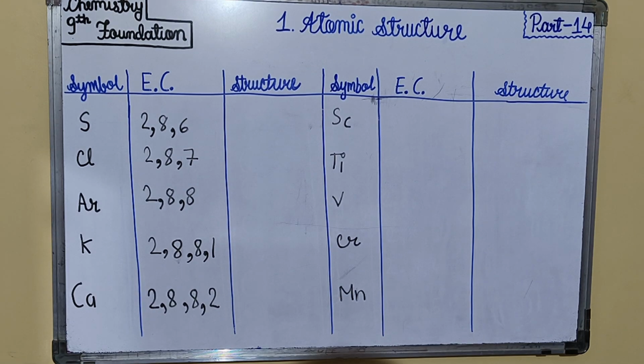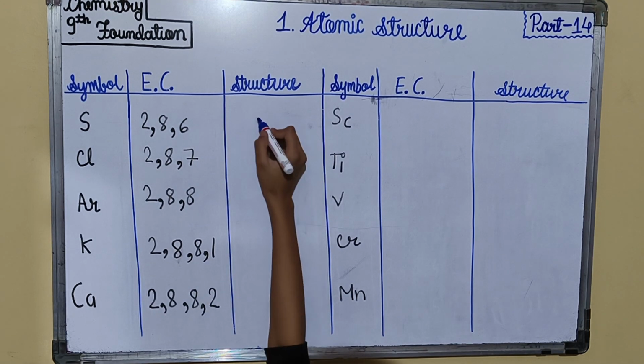The structure of sulfur is this neutron plus proton.